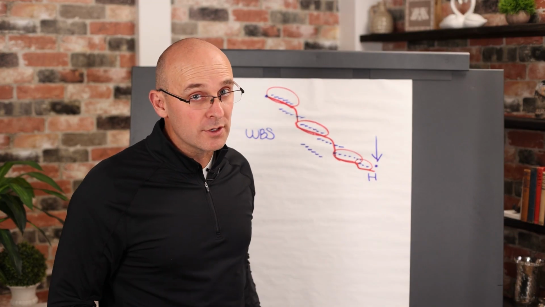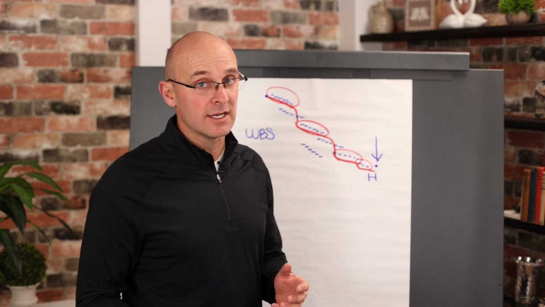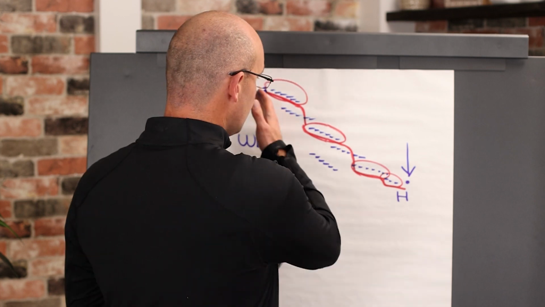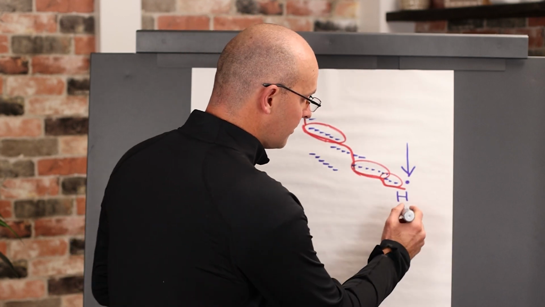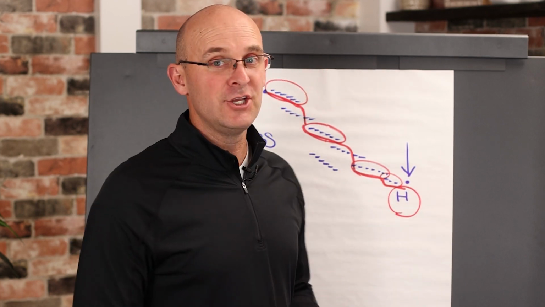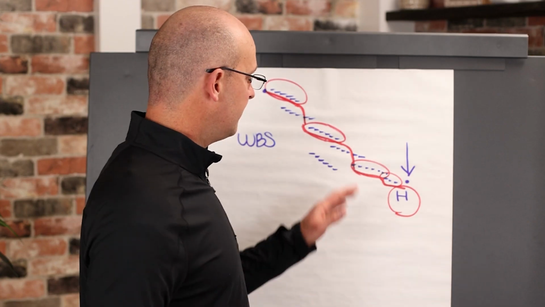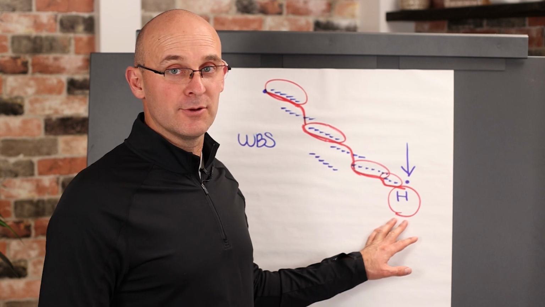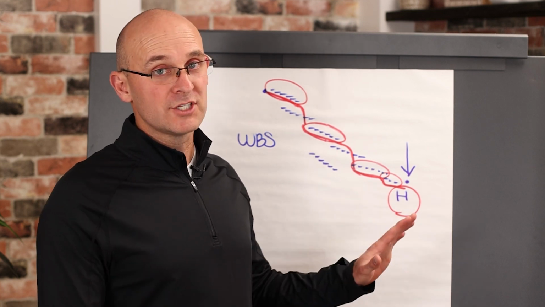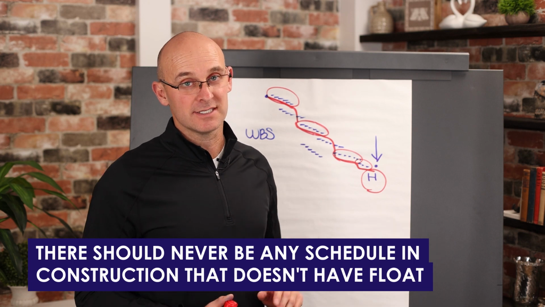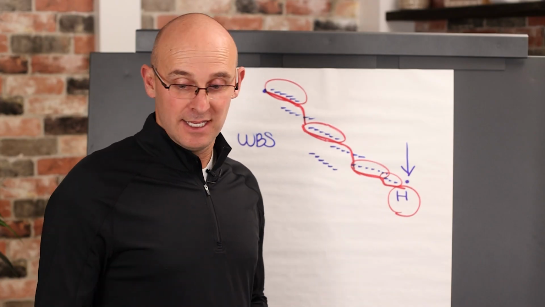So a lot of owners and a lot of scheduling consultants and a lot of people in the construction industry will say, hey, I don't want to see any float in your critical path. And that's a mistake, and I'll explain that in just a minute. So if anybody is using that term critical path in that way, watch out, because there should never be any schedule in construction that doesn't have float. And I'll explain that in a minute.